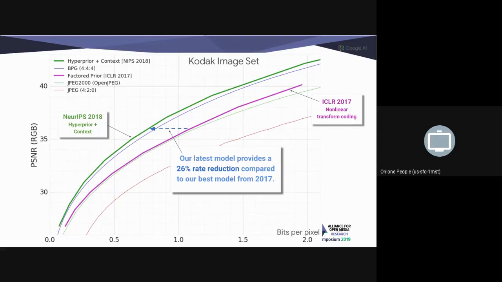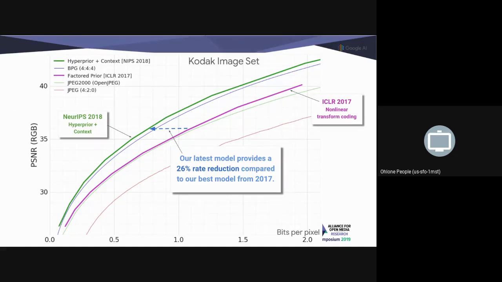So pretty much every other method on this diagram is better than JPEG, which is really great news. The line highlighted as ICLR 2017 is a model with the simplifying assumptions that I was telling you about, in which everything is decorrelated. We don't care about any correlations. So as you could see, there's a pretty good jump, and it's finally beating JPEG 2000.